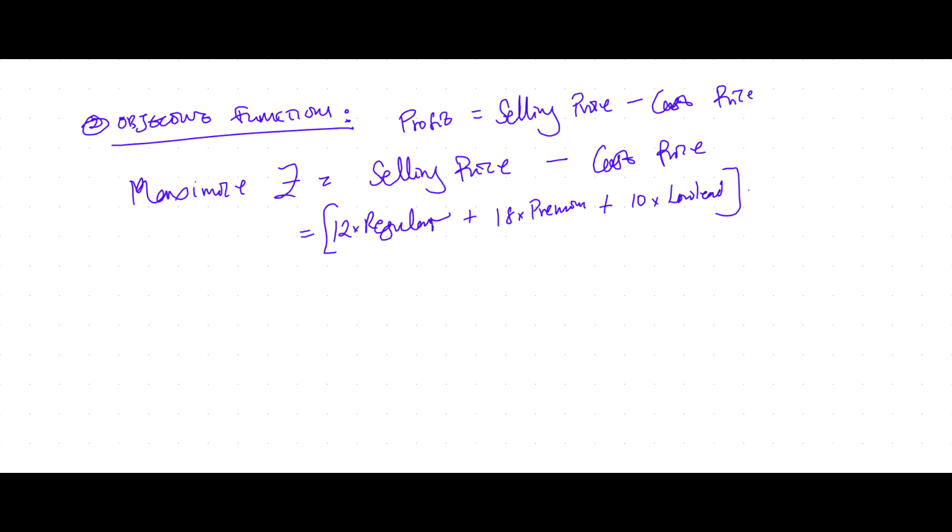Then minus the costs. So we have 4 costs here. So 9 times component 1, plus 7 times component 2, plus 12 times component 3, and so on.